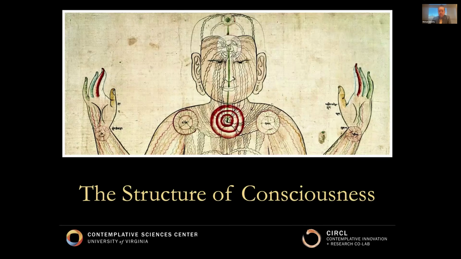And I want to begin by talking about Buddhist structures of consciousness. And when we talk about consciousness from the Buddhist perspective, at least the Buddhist traditions that I'll be discussing and detailing today, there are very particular structures of consciousness that are understood and implicit.